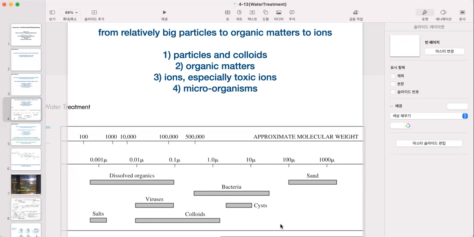MW, right? How about the water? What is the size of water? Anyone?